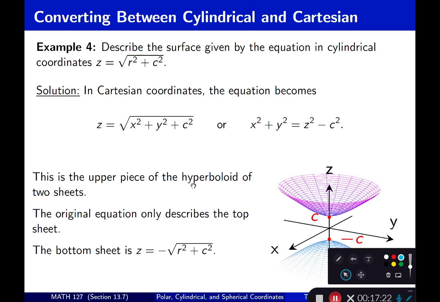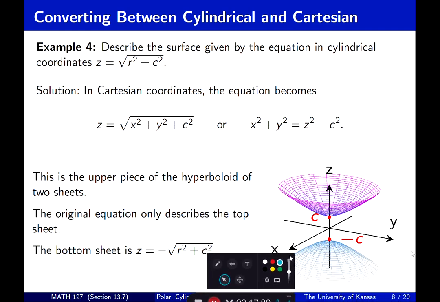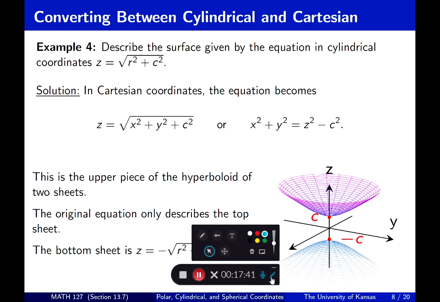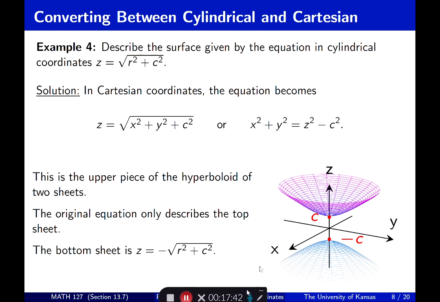So this is the upper piece of the hyperboloid of two sheets, and the original equation only describes the top sheet. The bottom sheet would have been z equal to negative square root of r squared plus c squared. And you can see in the picture that the top part is this equation, and the bottom part is this equation.